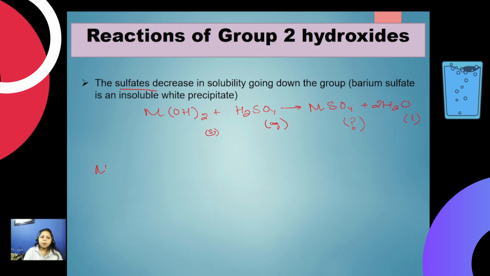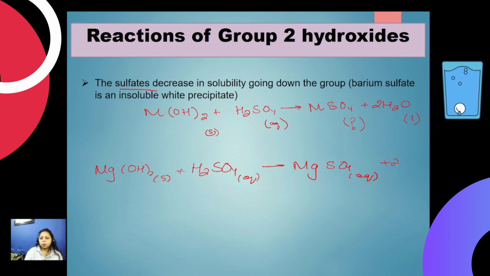Now magnesium hydroxide reacts with sulfuric acid, makes magnesium sulfate, which would be aqueous, along with water, which is liquid. The same would be for barium, only the state symbol would be different.